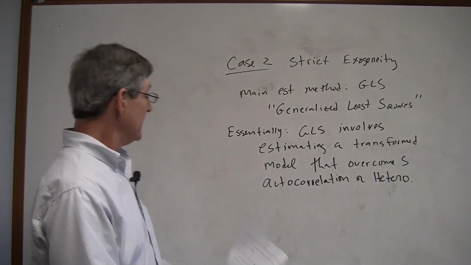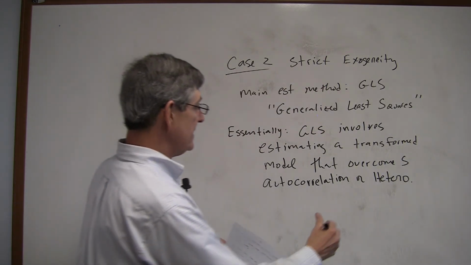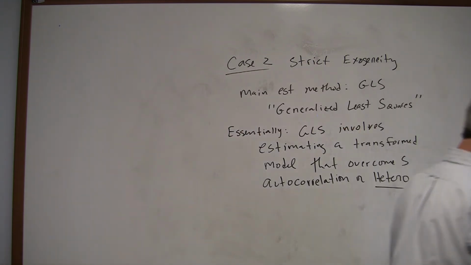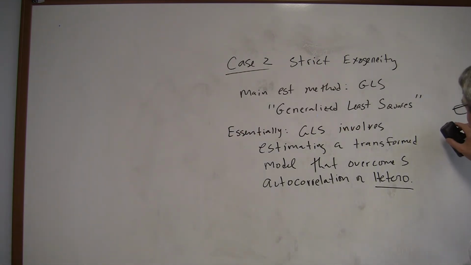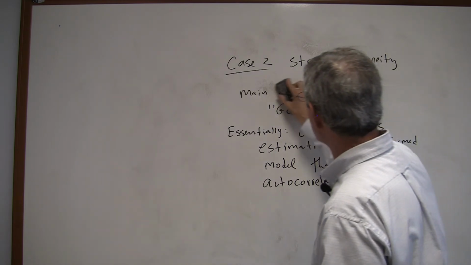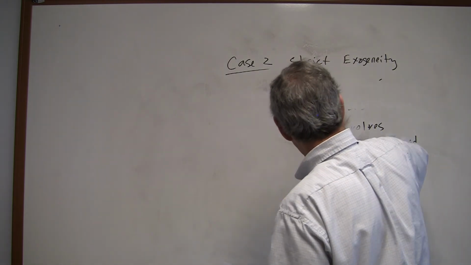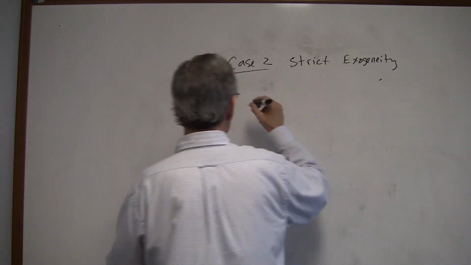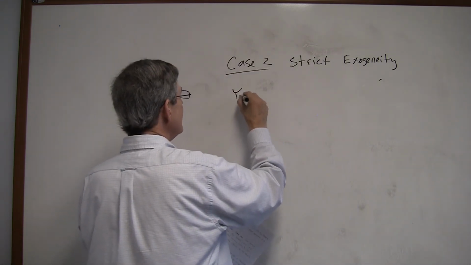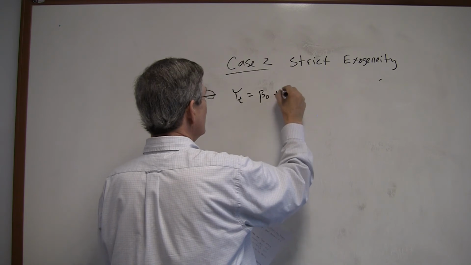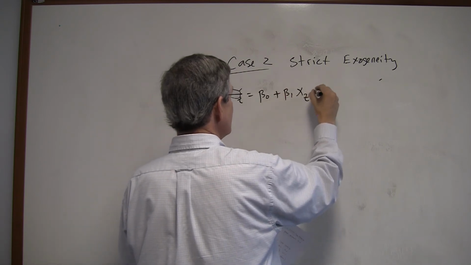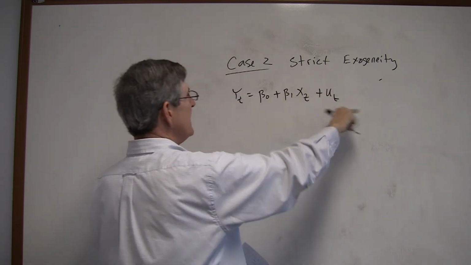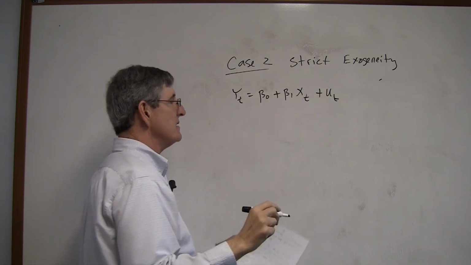So let me give an example of heteroscedasticity. It's not what we really are focusing on in this chapter, but I think it's a good way to see how GLS works, what we mean by finding a transformation of the model. So suppose I have a very simple model. Yt equals beta 0 plus beta 1 xt plus ut. These could be i's too. This could be time series or cross section.